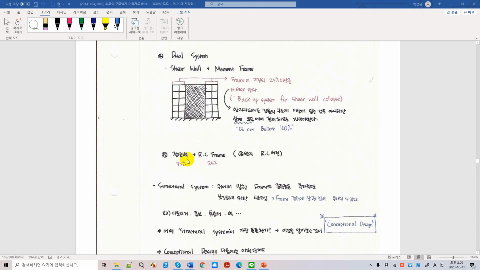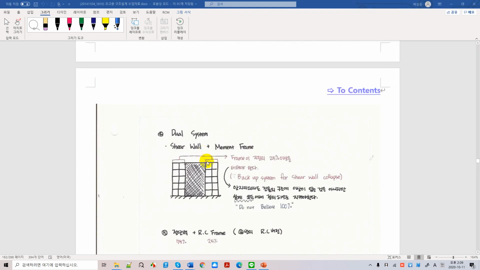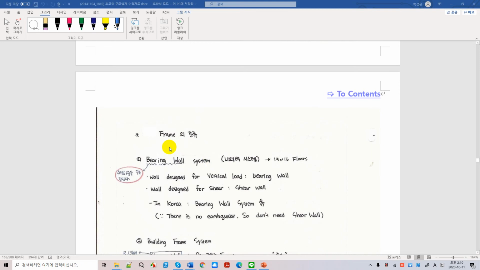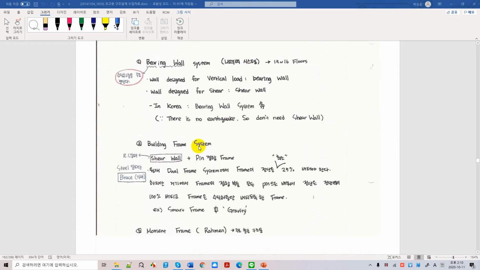But if you are planning buildings higher than 40 to 50, even 100, over 100, these structural systems are not going to be enough. We need some other structural system more effective than those frames we talk about here.